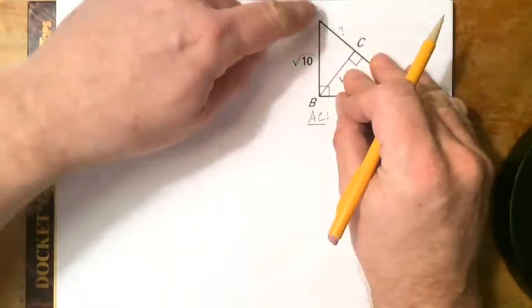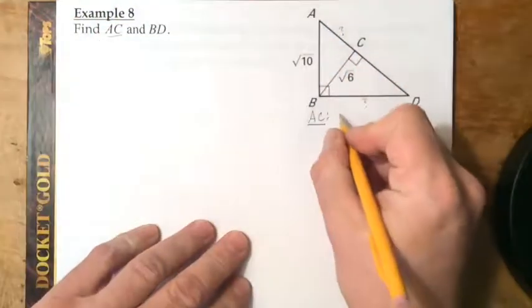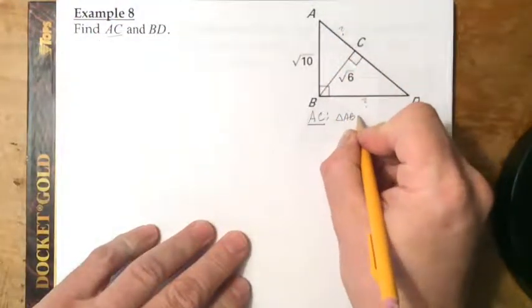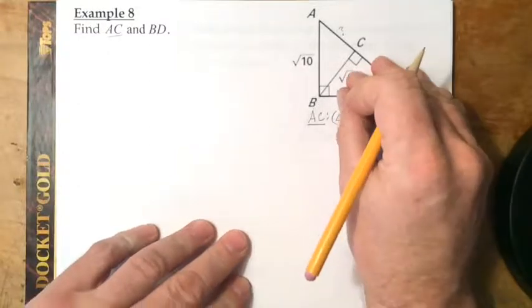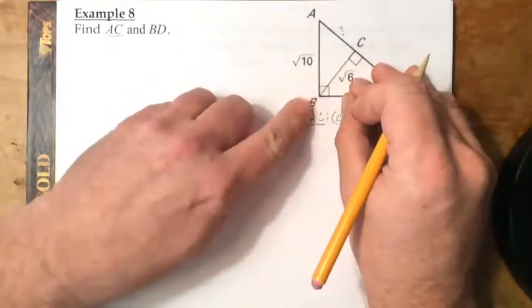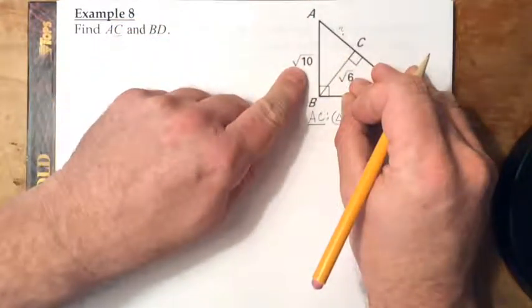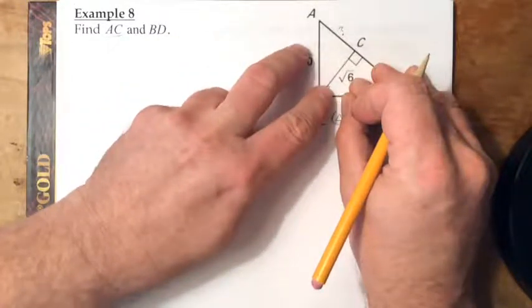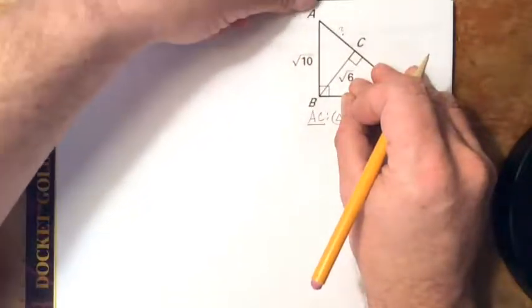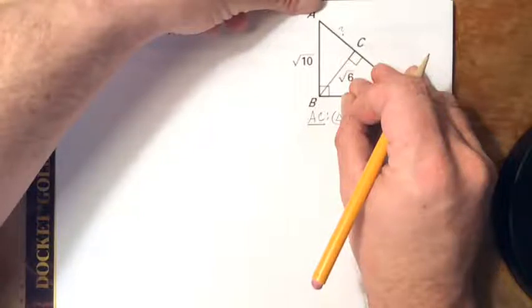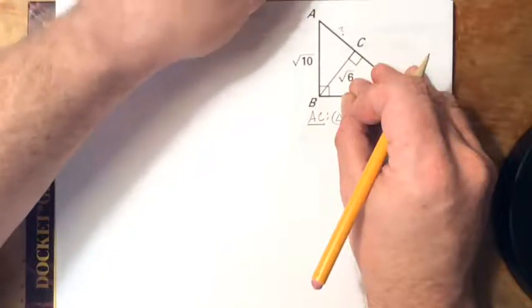If you take a look at triangle ABC here, this right triangle ABC, we've got BC is the square root of 6, AB is the square root of 10. Well, as long as you have 2 of 3 sides of a right triangle, you can always find the third side using the Pythagorean theorem, as you have learned.